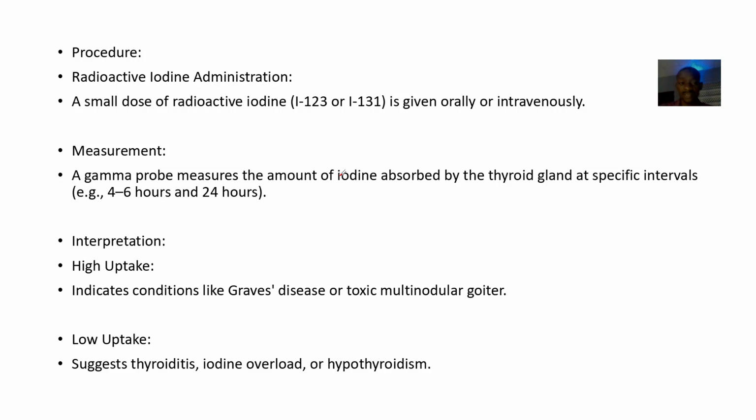The measurement now, so a gamma probe measures the amount of iodine that is absorbed by thyroid gland at specific intervals. You get? Alright, so intervals of about 4 to 6 hours, then 12 hours, right?